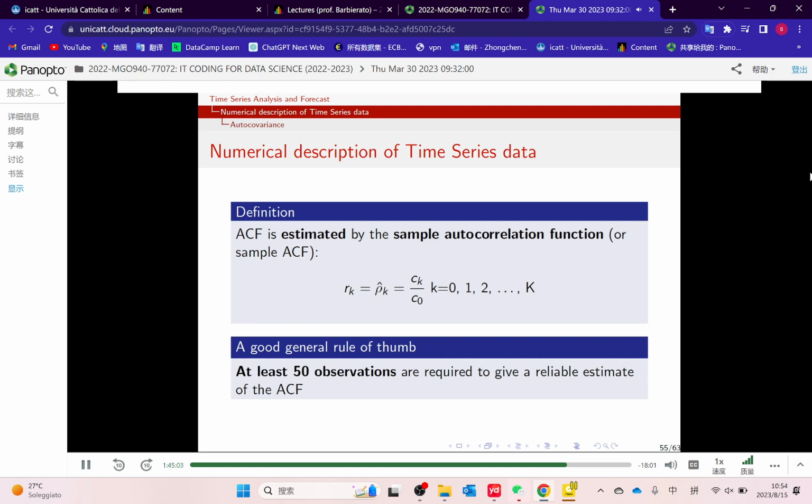Probably in the class of Professor Pozzi, you will see also how to compress the data, because your time series might be so big that if you have to send it to your customer, you might need a special machine and a special format. It is not something you send as an attachment in your email, because it could be, I don't know, a gig, 2 gigs. Keep in mind that the attachment of your email can be no larger than, I think, 20 megabytes is the maximum.